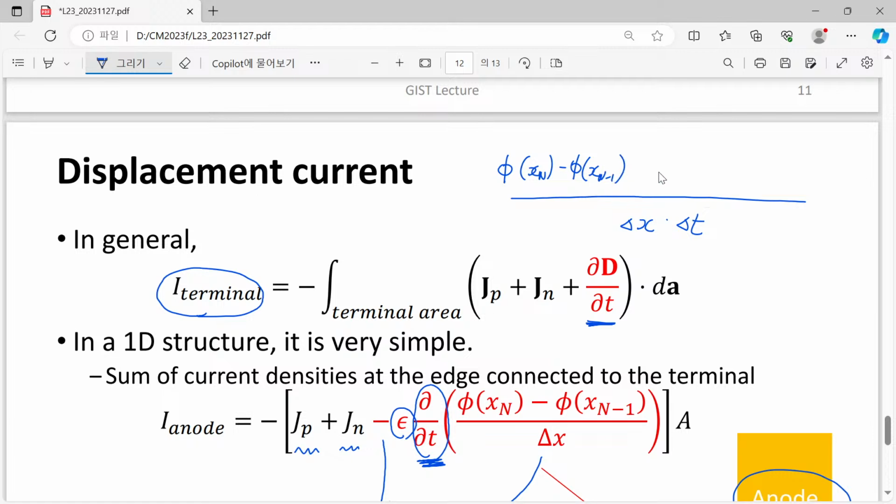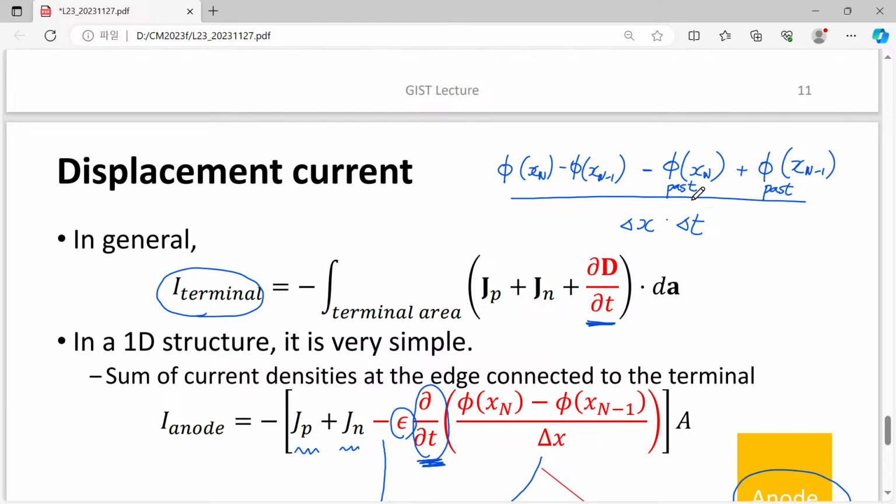This is the present value minus phi x, however, calculated at past time points. It looks a little bit complicated, but you can calculate it from your current variable and previous variable, so you can do it.